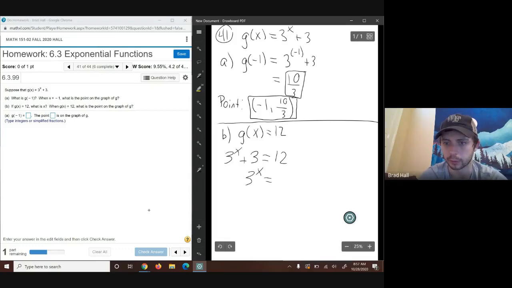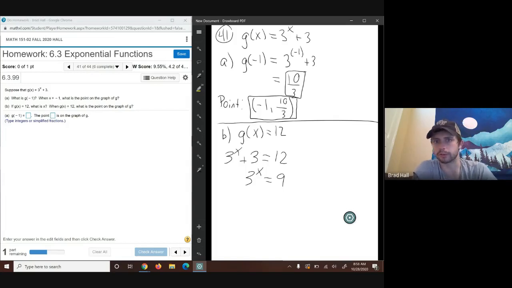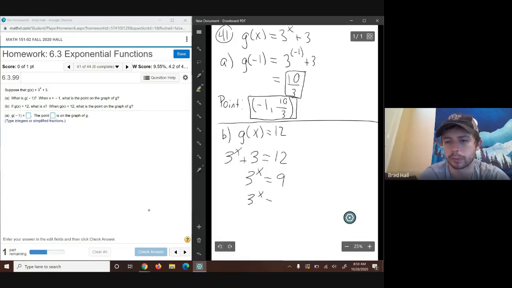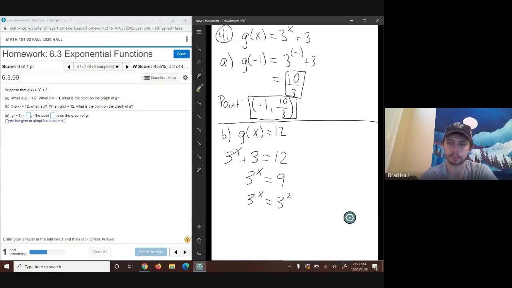So we get 3 to the x is equal to 9. So hopefully you remember what to do in this situation, because to solve for x in an exponential, we can find a like base. And 9 can be written with a base of 3, because 9 is simply 3 squared, because 3 to the second power is 9.